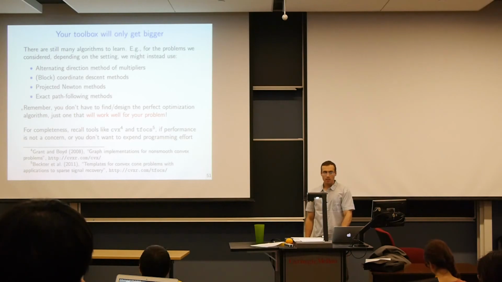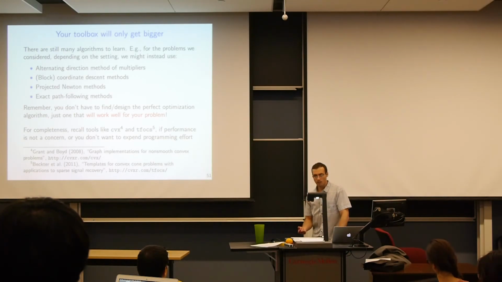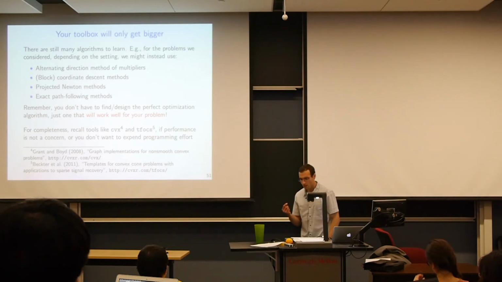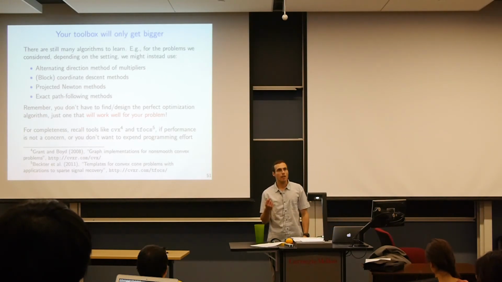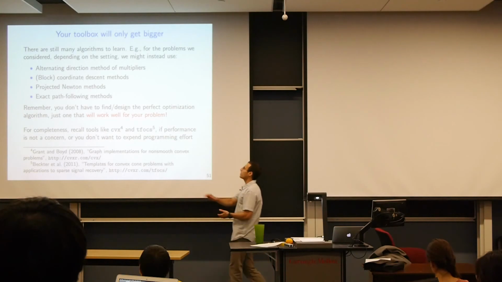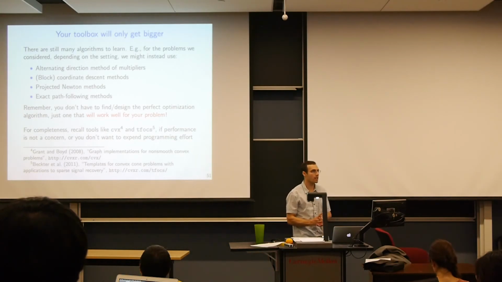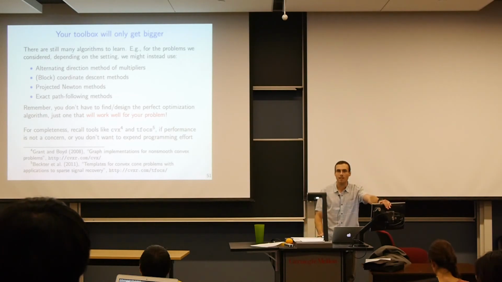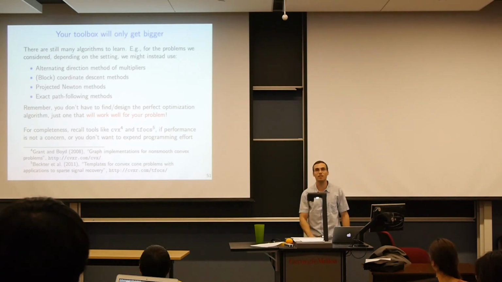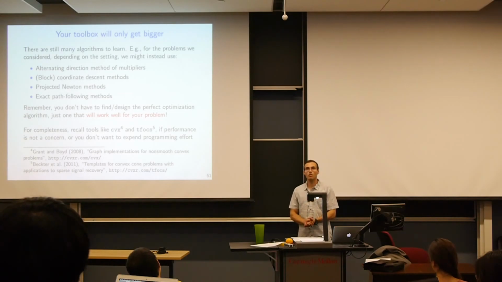And something to keep in mind is that you don't have to always design the perfect optimization algorithm. It's not like you're trying to have the very best algorithm and that you somehow feel ashamed if you missed coordinate descent in favor of ADMM. You just have to find the one that works well for your problem. Okay, the notion of optimality in optimization, I think, is not the same as it is, say, in data analysis or machine learning and statistics. You just have to find the right algorithm for the job.